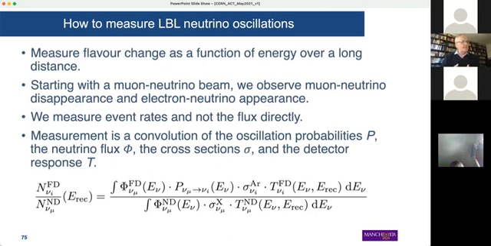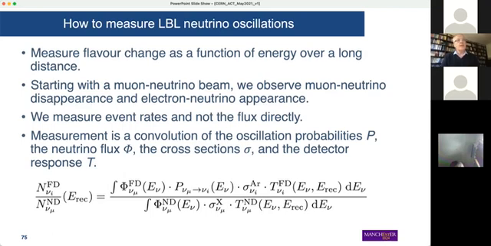We become sensitive to the cross sections, for example. If the cross sections are not constant as a function of energy, we have to understand exactly how that works. We often work with nuclear targets. We also have to understand that. We also have to understand the detector response. And ideally, you would have the same detector as the near detector and the far detector, but that's not quite so easy.